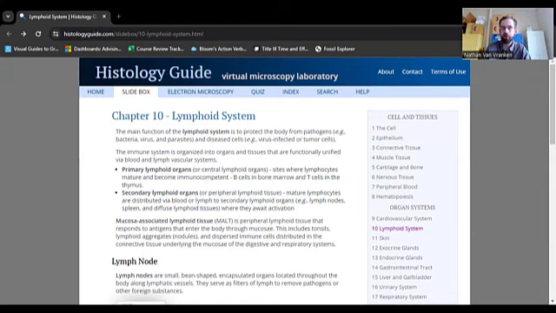Our body systems work as a cause and effect pathway system. And it even shares our cardiovascular system. And when we look at how this body system is organized, we can organize it utilizing the organs and tissues that are functionally unified, using a primary lymphoid system and then a secondary lymphoid system.